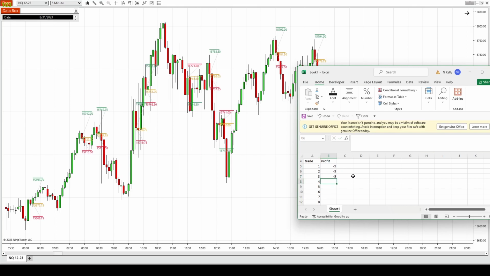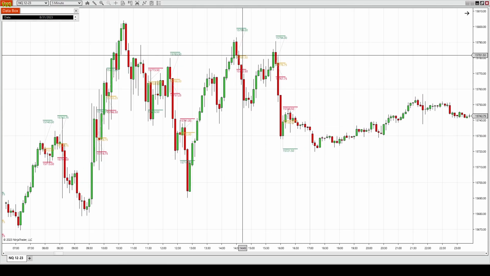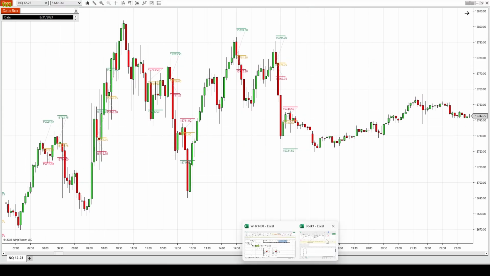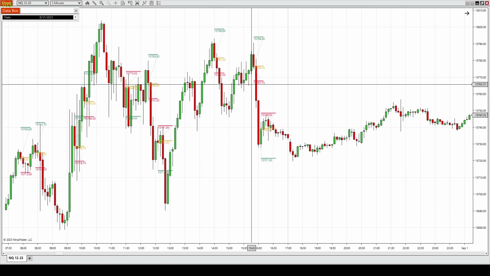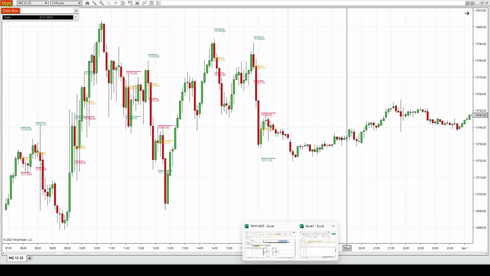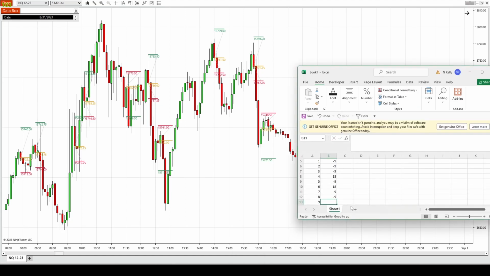Fourth trade, W, 18. Third trade, minus 9. Fifth trade, 18, W. Sixth trade over here, minus 9. And then another trade, minus 9. So we literally lost 1, 2, 3, 4, 5. 5 trades.